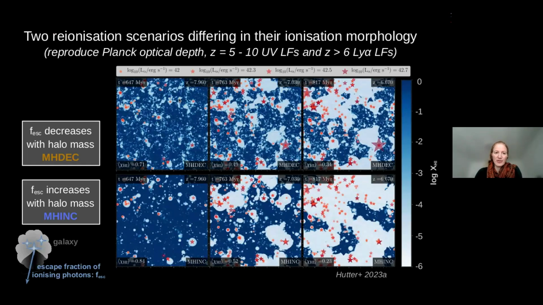So as before, you see the smaller ionized regions, and in red, you see the Lyman alpha emitters. And in the bottom panel, when the bright galaxies drive reionization, you already can see your ionized regions are larger, they're actually also slightly more spherical and more clustered.